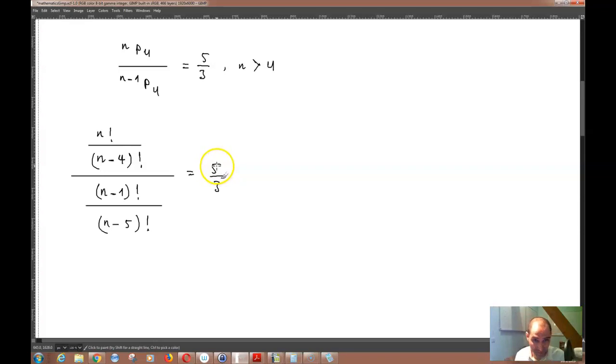Now, you need to, of course, write this as n factorial over (n minus 4) factorial, and then times the reciprocal of this, which becomes (n minus 5) factorial over (n minus 1) factorial.